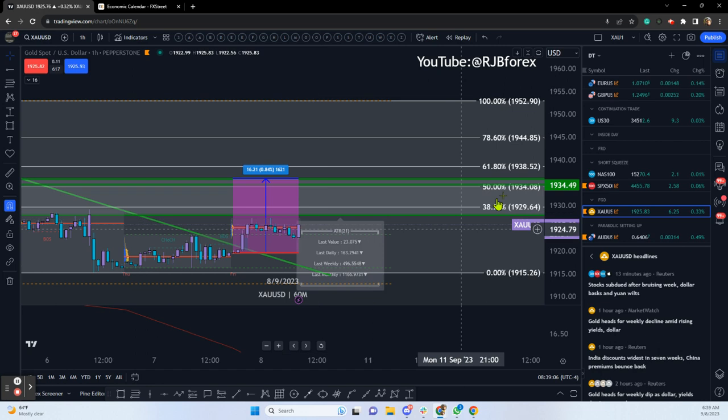So, with respect to gold, then, how would we play this? What I'll do is I'll clean up the chart and note that we're targeting into the mid 30s. I'm just going to clean up the chart. Let's see what's going on.